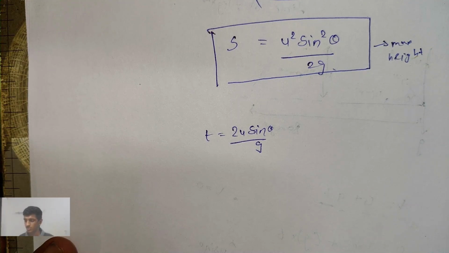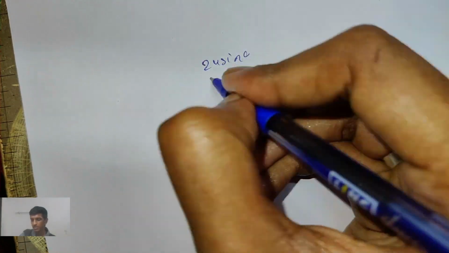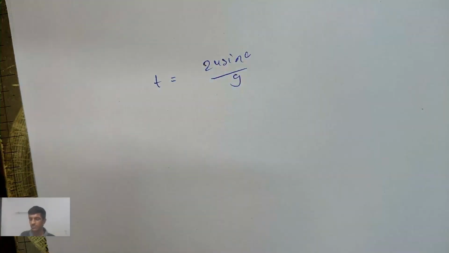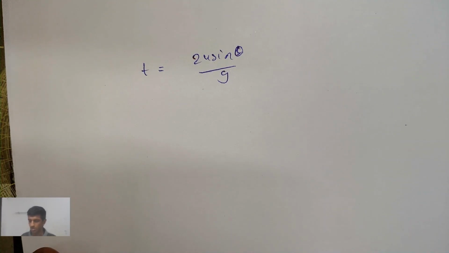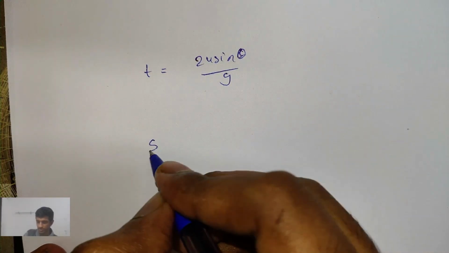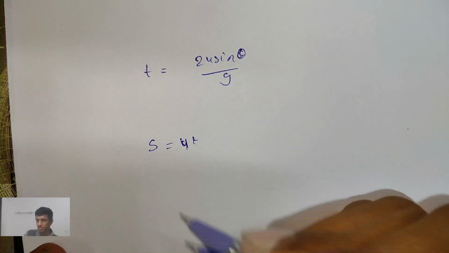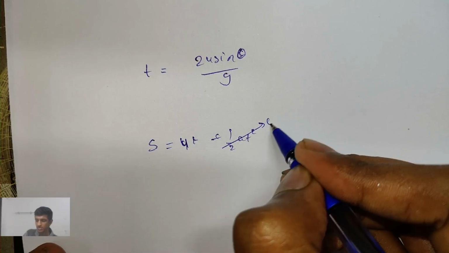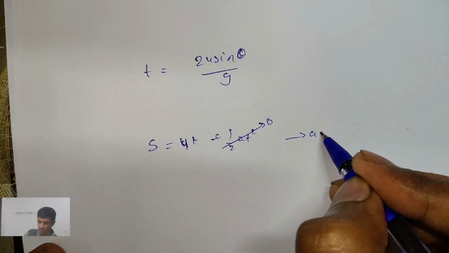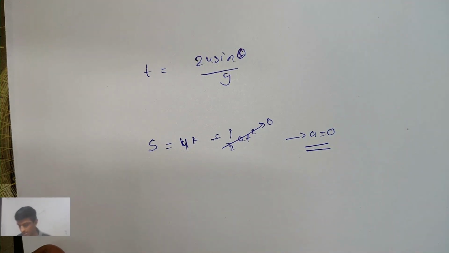Now, because of this, we know that the time period will be 2u sine theta by g for the horizontal motion, as we have already found out. So the velocity is constant, so s equals ut can be used, right? Because half at square will be 0, because a equals 0 along the x-axis.